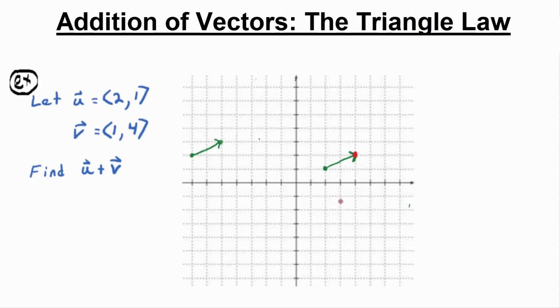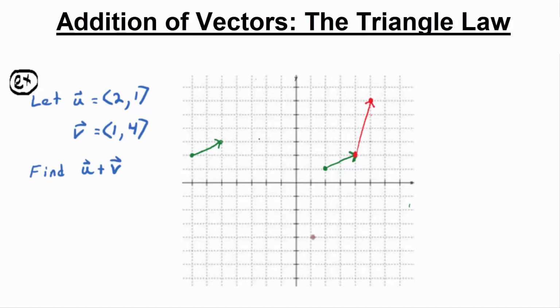So that's the tail of v, and then I'm going to draw v in. From that red point, where do I go? Right 1 and up 4. So over 1 and up 1, 2, 3, 4, and that's going to be the tip of v, like so.